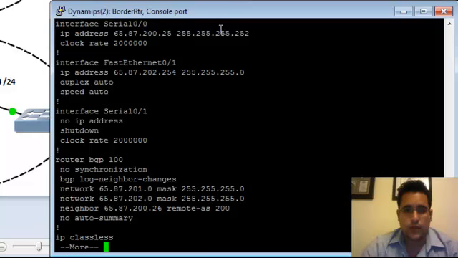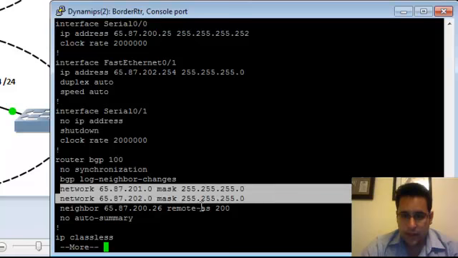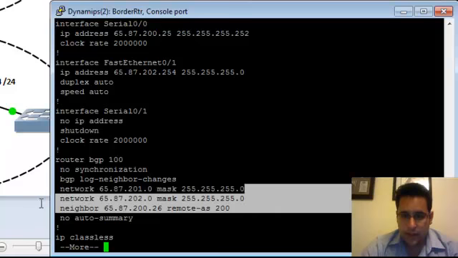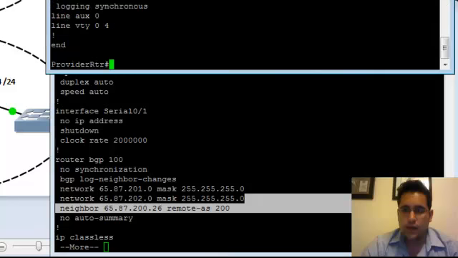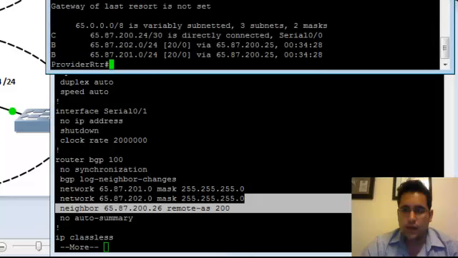FastEthernet 0/1 is on the right side going to the SAS environment, and that's a .202.254. Everything's configured right. The exterior routing protocol for our internal network is BGP. Our autonomous system number is 100. We're advertising these two networks, and we're aware of our remote neighbor with autonomous system number 200. So you should know about our BGP routes through B. Yep, B does. So this is fully routable right now.